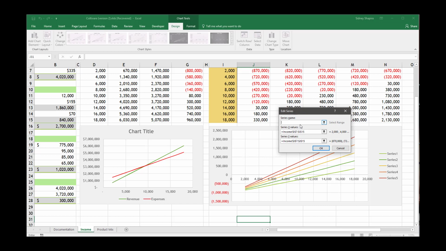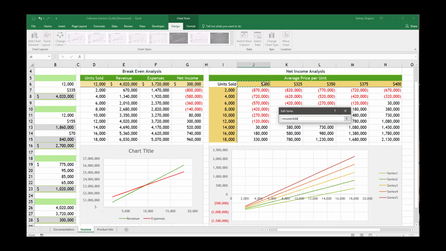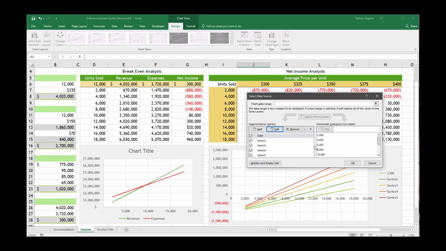Within the insertion point in the series name dialog box, we're going to pick J6. That's going to give us 300, and we press OK. Now instead of it just being Series 1, Series 2, Series 3, Series 4, it's going to be called 300, 400, etc.